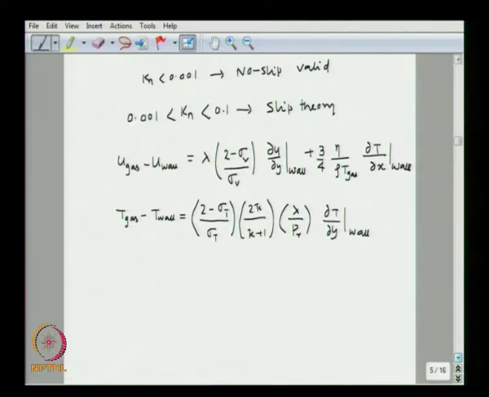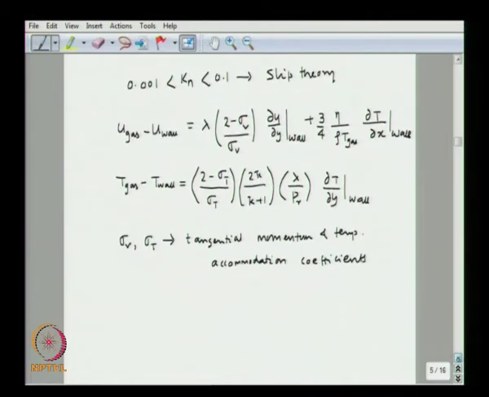Here the new constants are sigma v and sigma T, which are known as the tangential momentum and temperature accommodation coefficients. And they can be defined as follows.